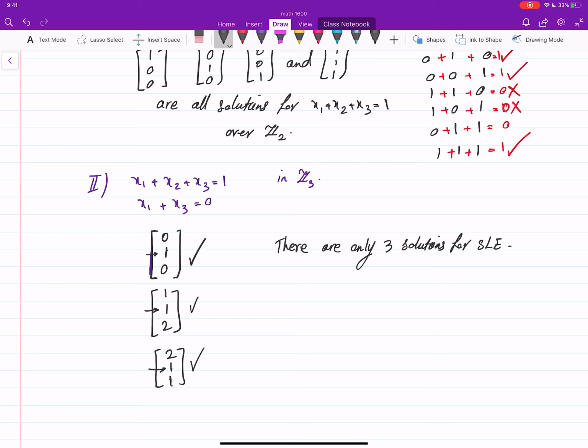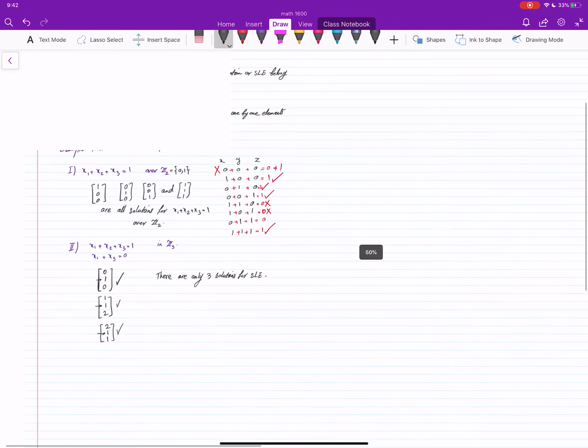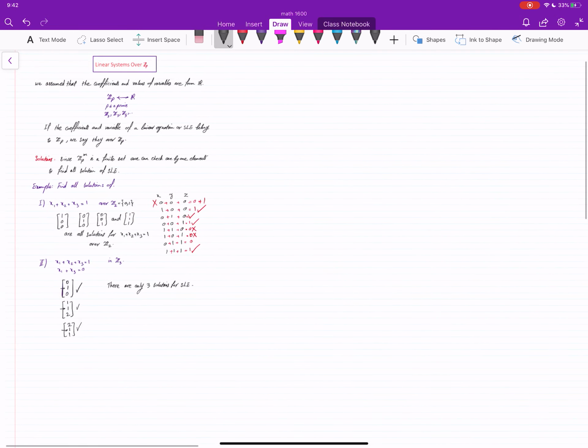Even in Z5, it is 125 elements that you have to check. This is a big thing. As p goes up, you will get more and more problems. So you will be able to do whatever we do for regular systems of linear equations for systems over Zp. This is something that we will learn in the next section.